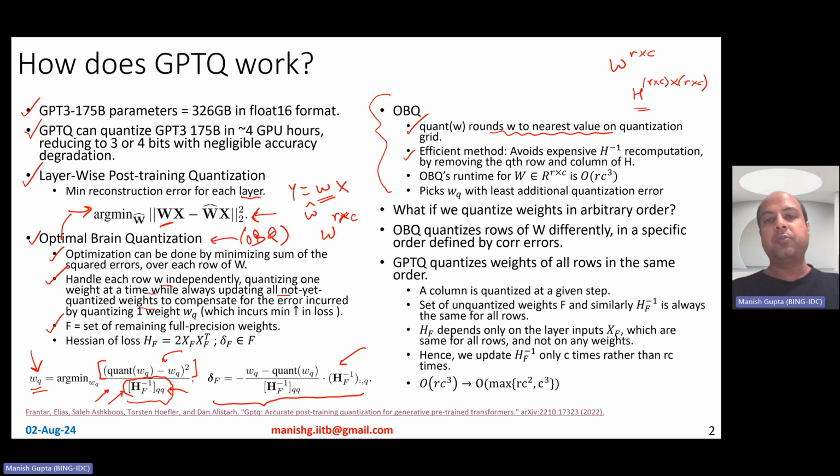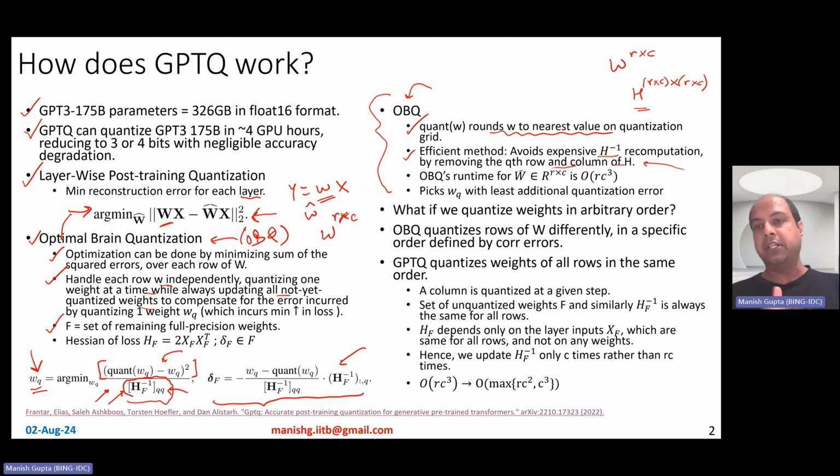So what the OBQ method proposes is a very efficient method which avoids this expensive H inverse recomputation. I'm not going to bring in all the math here, but by using Gaussian elimination, they remove the qth row and the qth column of H, and thereby update the Hessian for every WQ quantization that you do.